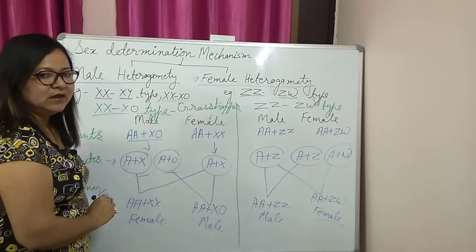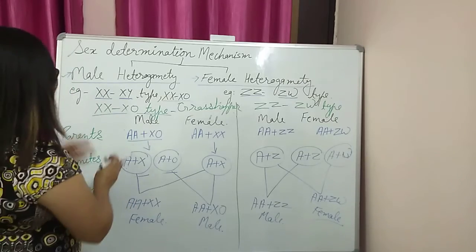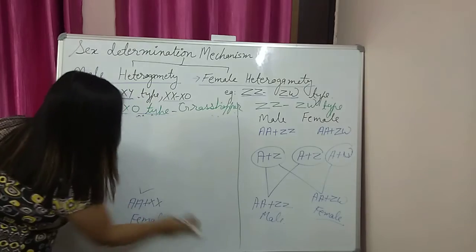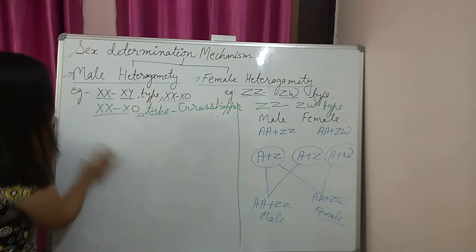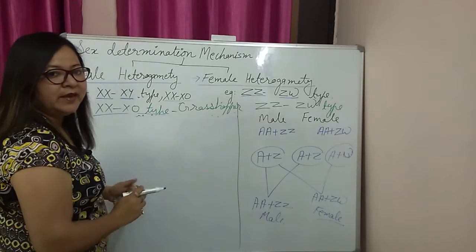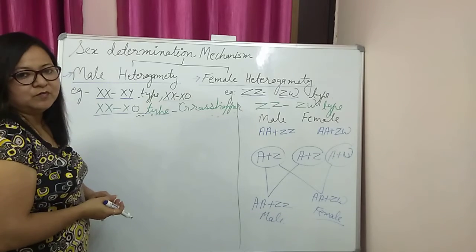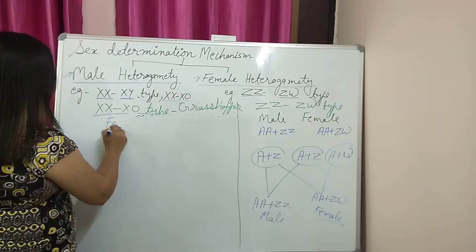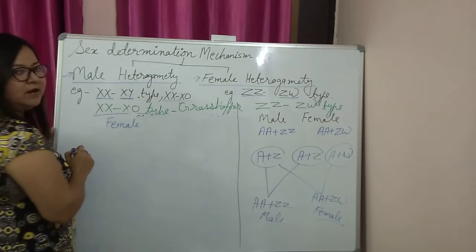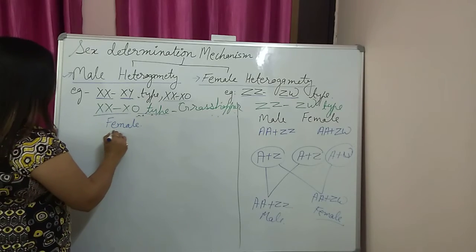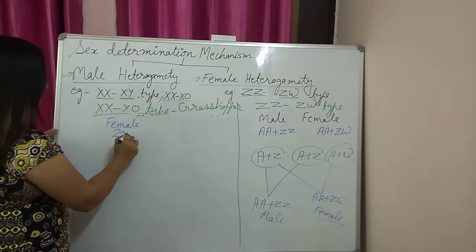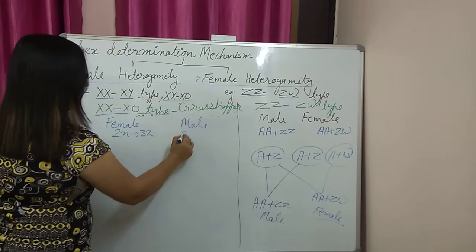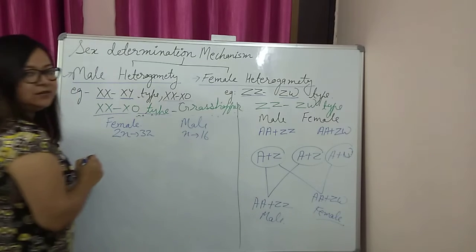The next mechanism is present in honeybees. It is called the haplodiploid sex mechanism. Here, the set of chromosomes determines the sex of the individual. For example, the female honeybee has a diploid set of chromosomes, that is 32, and the male has a haploid set of chromosomes, that is 16.